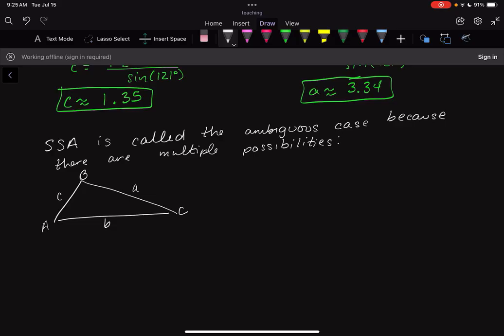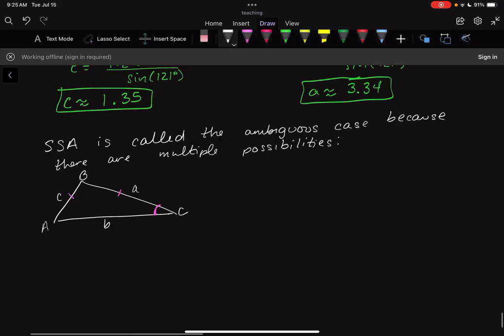The thing that can happen with this one is, with the information you are given, let's say you're given this side, and then let's say you're given angle C. The issue here is it's possible to have multiple things happen.